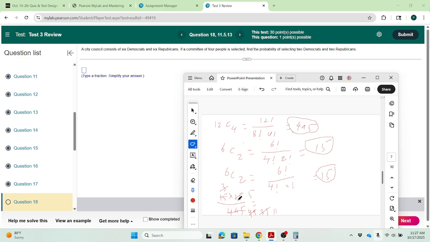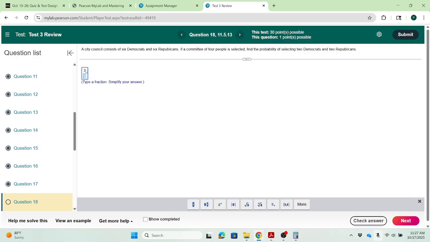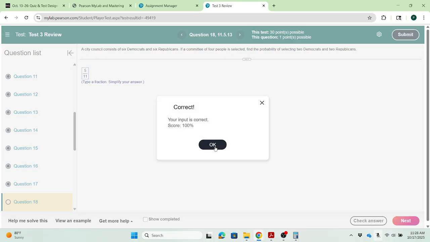So that goes on the top, which is 225, and the total ways we can choose 4 people. So the probability is 15 times 15 divided by 495, and if I do this division I get 5 out of 11. Because I need the simplified fraction, this is the answer I got.